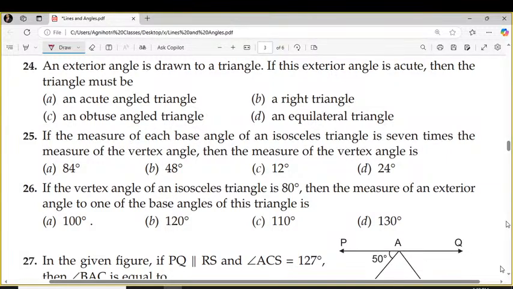Sir, the answer should be C, obtuse angled triangle. An exterior angle is drawn to a triangle.